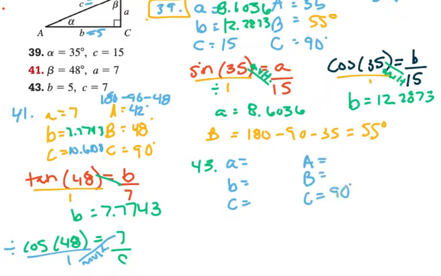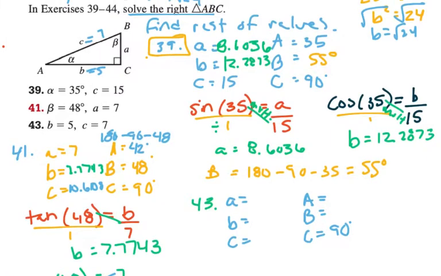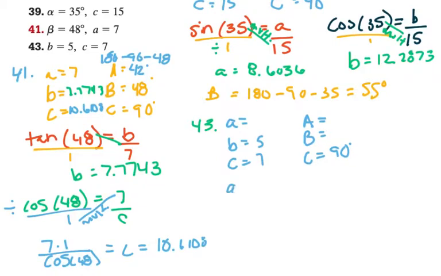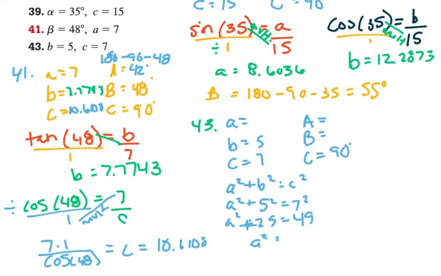Of course, C is 90 degrees. A, we don't know, but B is 5 and C is 7. And so if A squared plus B squared equals C squared, A we don't know, but B is 5 and C is 7. I feel like we did this one just recently. So A squared equals 24. So A is the square root of 24, which I'm not going to get a decimal for.